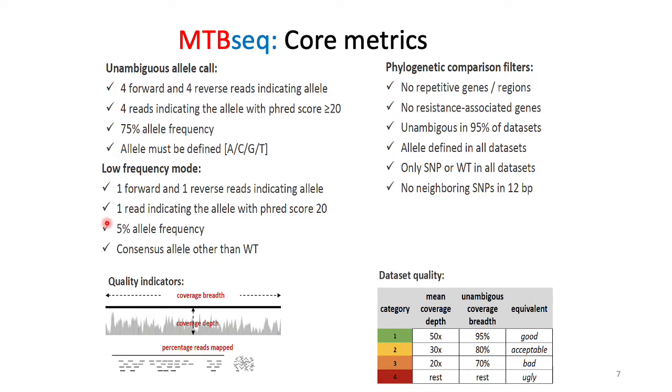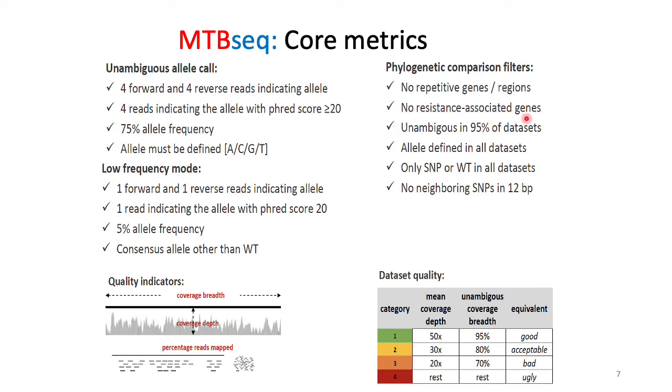This is very important. Moreover, we have some filters in MTBseq for the comparative analysis. In general, for doing the comparative analysis that we will review in the next slides, the repetitive regions, the PE and PPE regions of the Mycobacterium tuberculosis genome will be excluded.